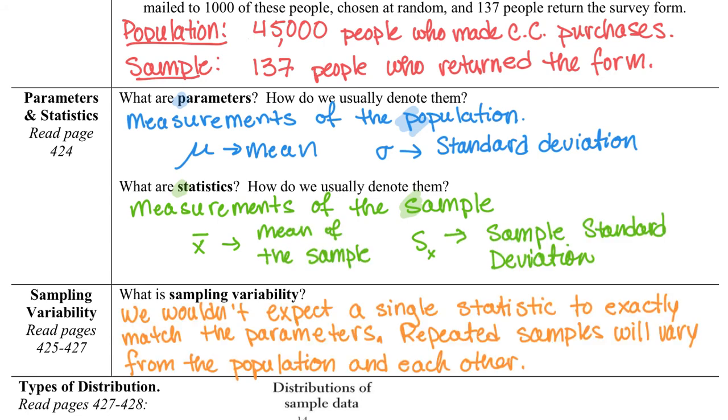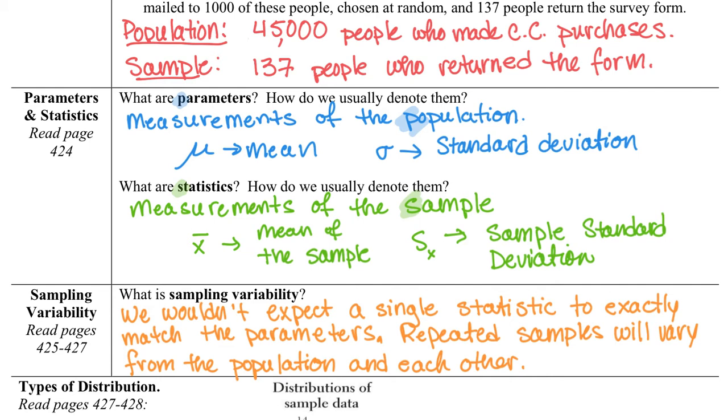When we take a sample, we don't expect that single sample to exactly match the parameters of the population. And even when we take repeated samples over and over, we don't expect them to even match each other. The repeated samples are going to vary, either by large amounts or maybe they're very close to your actual population, and they're also going to vary from each other.